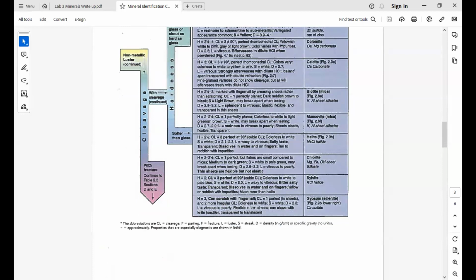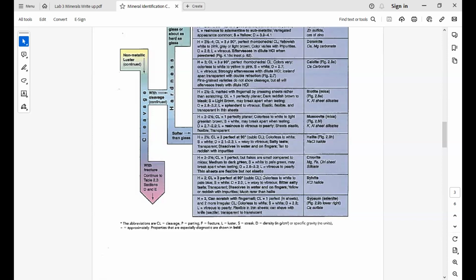Well, no, do not put your tongue on this thing. I can tell you though that it is not bitter tasting. And notice how it says dissolves in water and on fingers. Your fingers are gonna have to be pretty sweaty to do that.